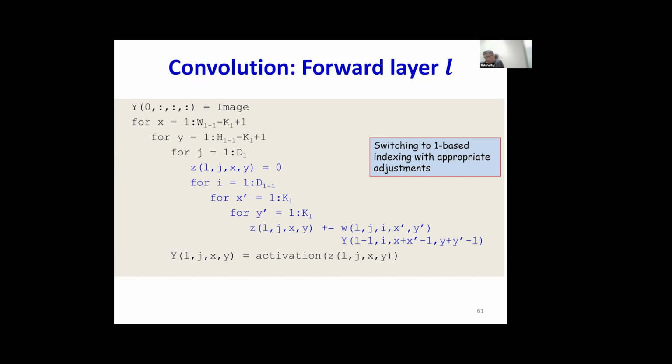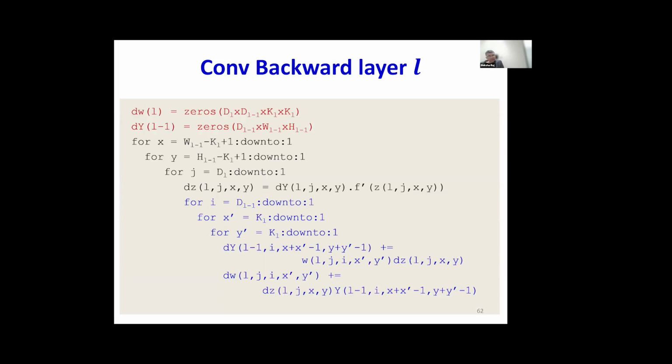So this was the forward convolution, which meant that when we did the backward pass, the loops, you just reverse the order of operations. So now the loops went from the highest index down to the lowest index. And then the first thing you did was propagate the derivative back through the initial activation.